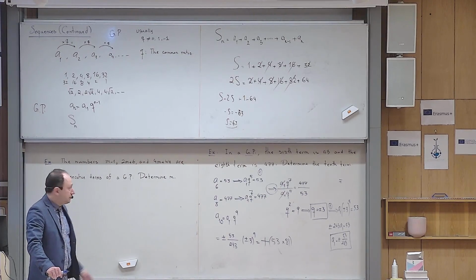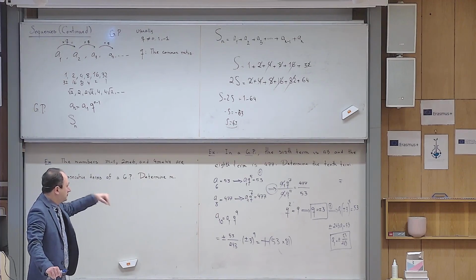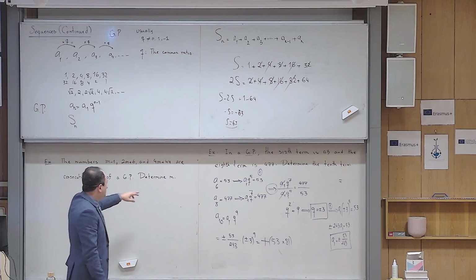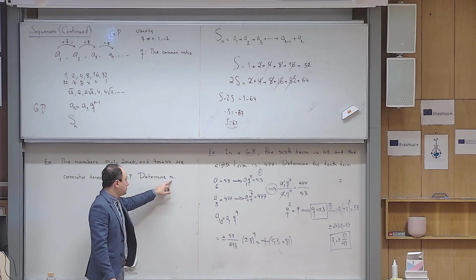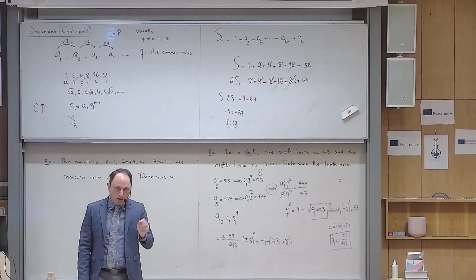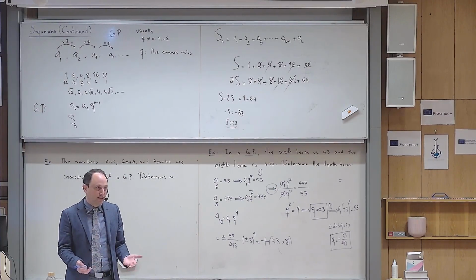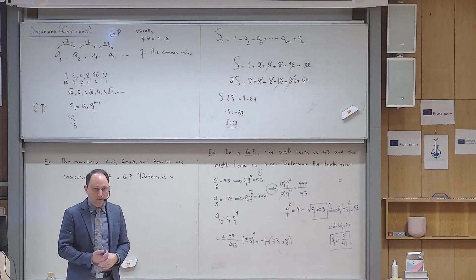If there are 3 consecutive terms of a geometric progression, what do you know about this? Because you want to determine m, think mathematically. If you want to find m, you need one equation. Equation means equality, so you need to set up some equality that makes sense in this context.